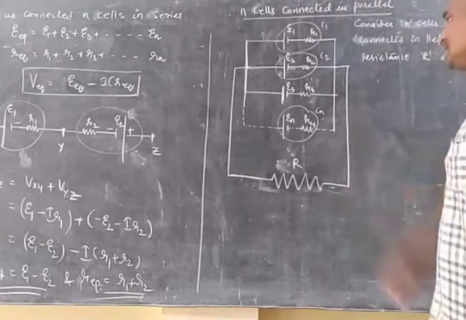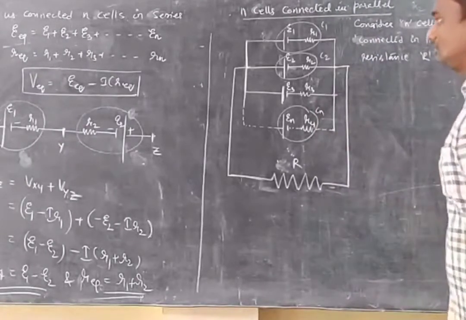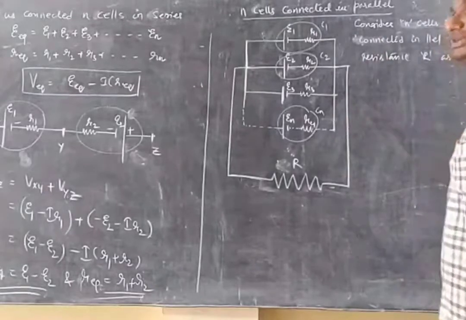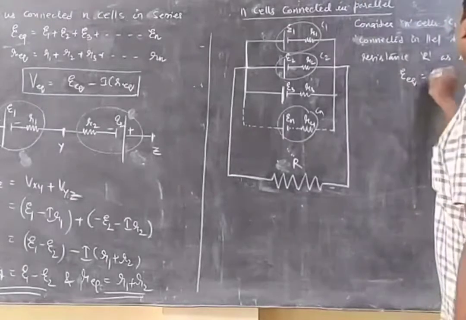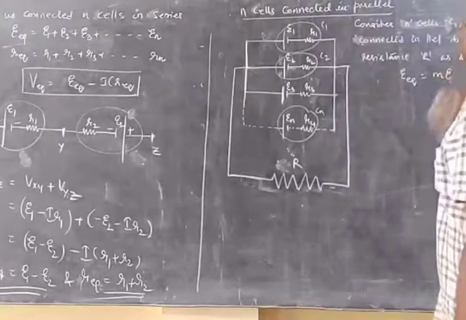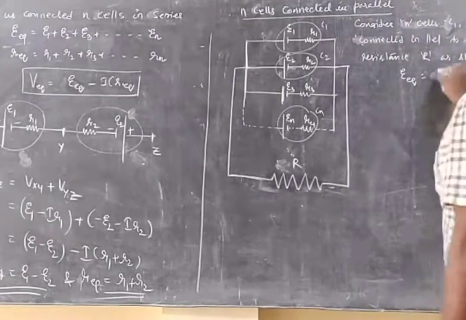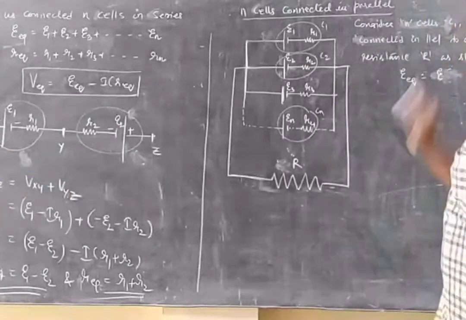Since the connection is in parallel, the EMFs will be one and the same. Therefore, E equivalent is equal to E. Now coming to the resistances part.